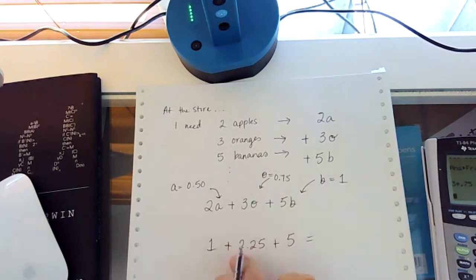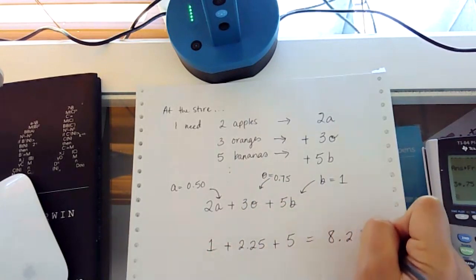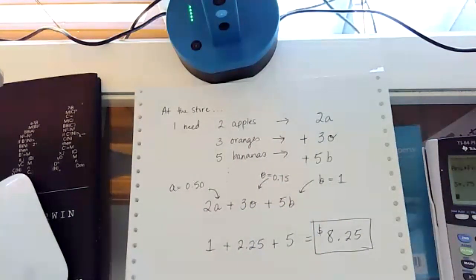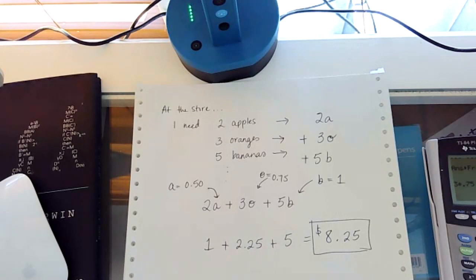So I have $8.25. There's my bill. Does that make sense? I'm just trying to attach real life value to these esoteric math things that we do, right? There's a reason for the madness.